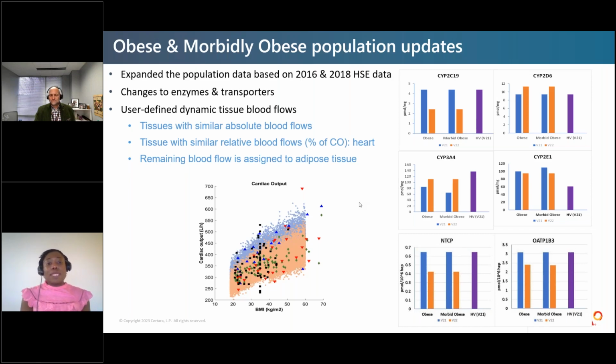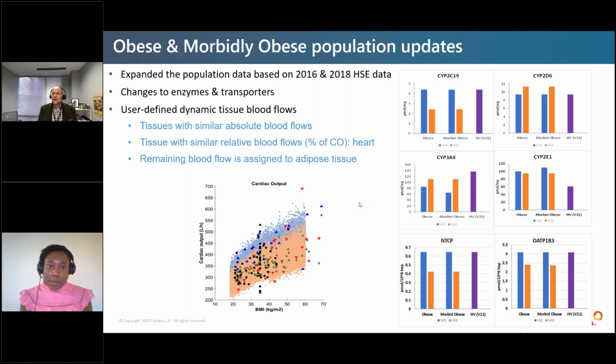What this means is that for certain organs, that increase in cardiac output does not necessarily translate to an increase in absolute blood flow. So what we have done in version 22 is to implement a dynamic tissue blood flow that enables you to have a relative change in blood flow to different organs depending on the change in BMI. We're currently doing an extensive verification of compounds for this population, and that will be available shortly.